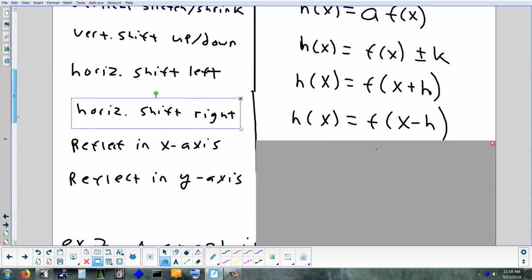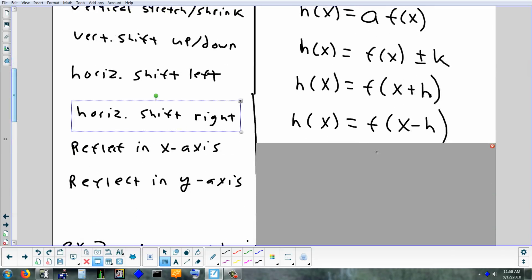Okay. If you want to reflect something like we did today, where do you put the negative to reflect over the x-axis? Inside or outside? How about Kathleen? Think you could tell me where you put the negative to reflect over the x-axis? Outside?